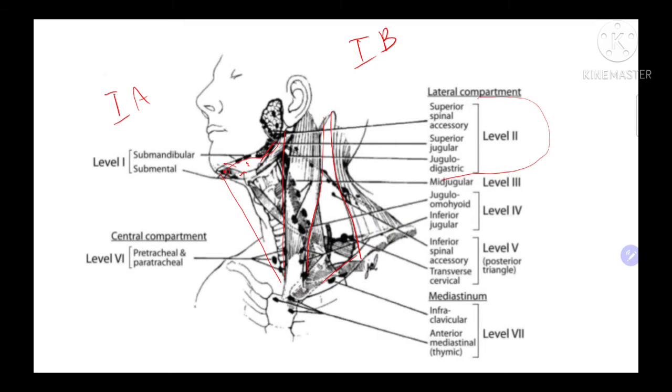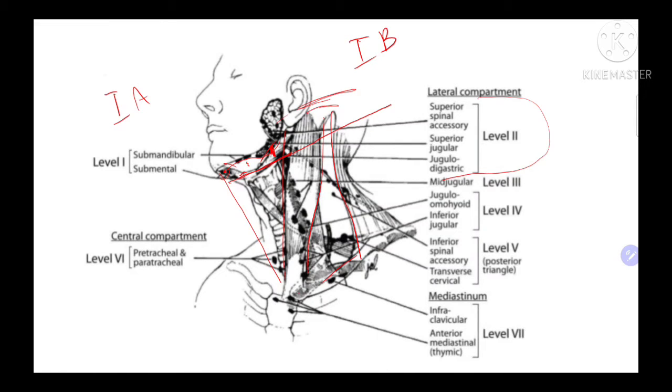Inferiorly, the inferior border of the hyoid bone. Anteriorly, the posterior border of the submandibular gland.